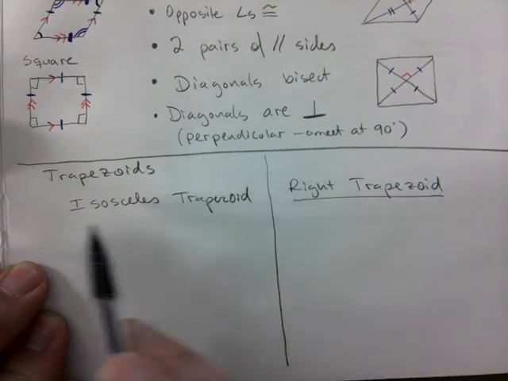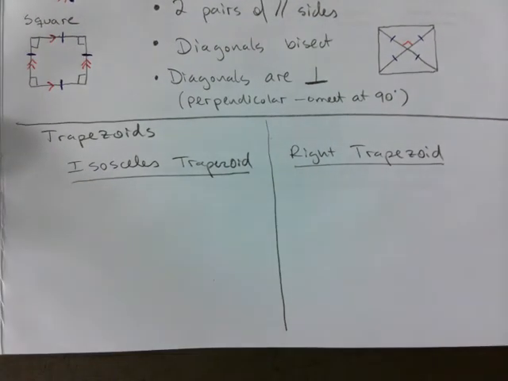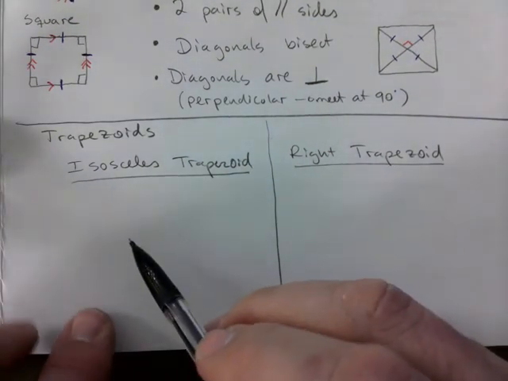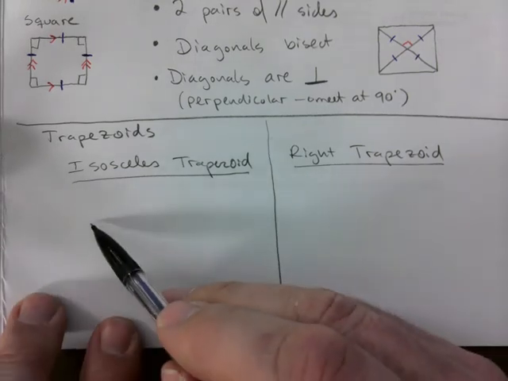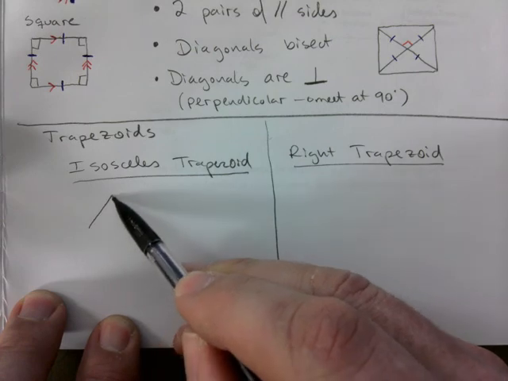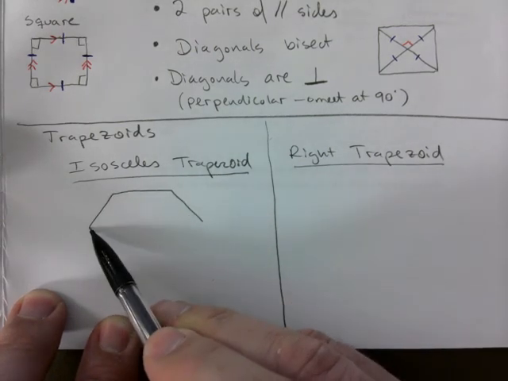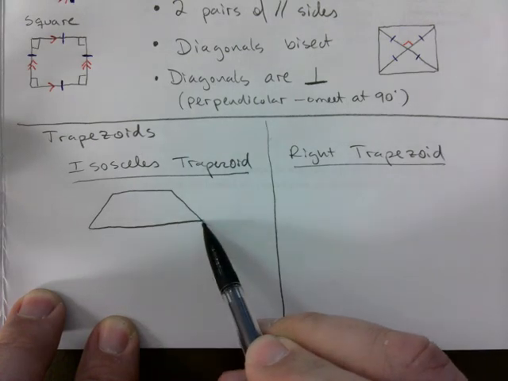Okay. Isosceles trapezoid and the right trapezoid. The isosceles trapezoid looks like this. It's basically a triangle cut off, like the top is cut off. Okay.